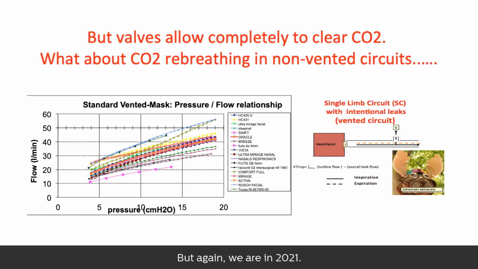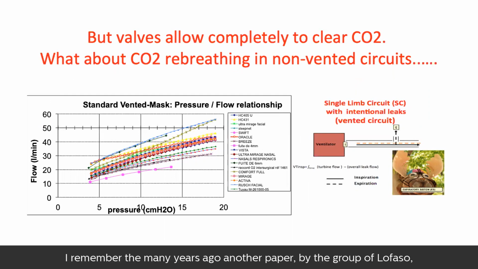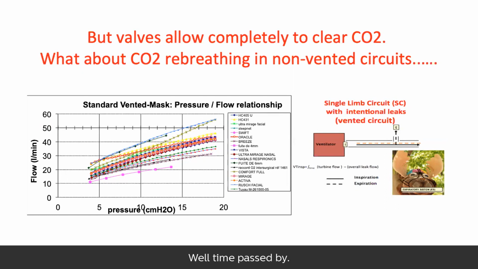But again, we are in 2021. I remember that many years ago, another paper by the group of Lofaso stated that we need to work with at least 8 of EPAP to completely clear the CO2 rebreathing. Well, time passed by. Why time passed by?